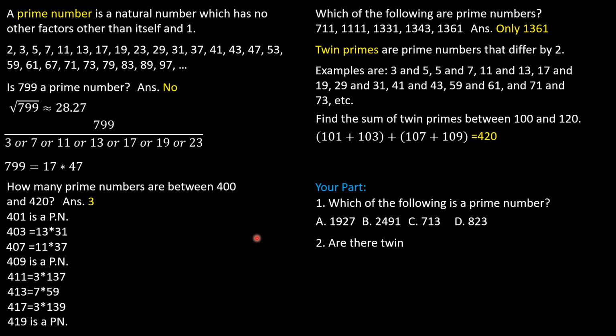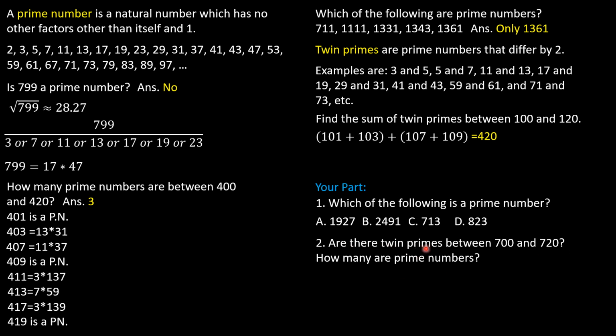Then, are there twin primes between 700 and 720? Then how many are prime numbers? So 711 is not a prime number. It is between 700 and 720.